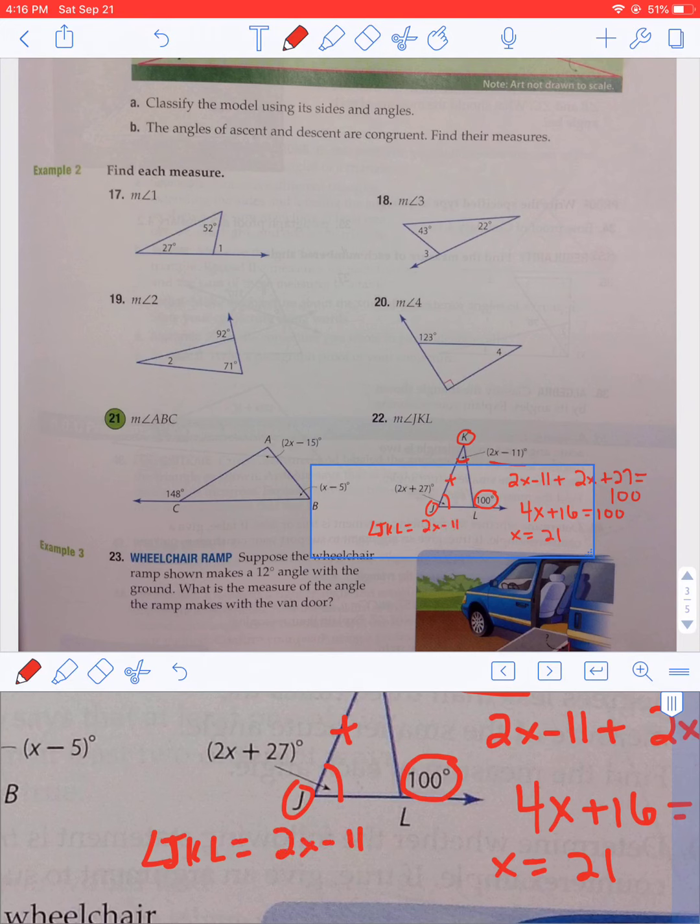We did find what x was. It's 21. So then you're just going to do the math there, which will end up being 42 minus 11, and your answer is 31. So angle JKL is 31 degrees.